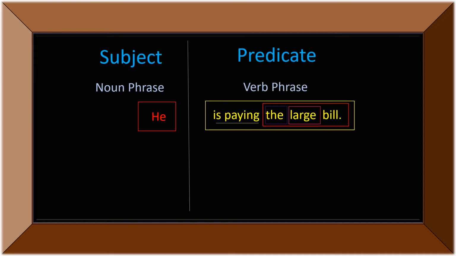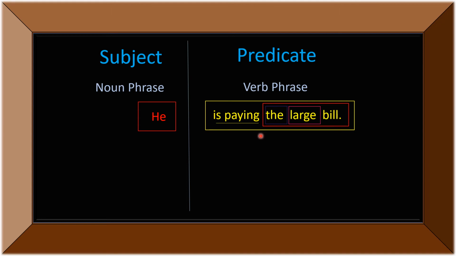So let's evaluate a few sentences together. Now, he is paying the large bill. He is a personal pronoun in the subjective case. Is paying the large bill is a verb phrase in the predicate of the sentence. Is is a helping verb and a primary auxiliary verb. Now, paying is a verb, a dynamic verb, extensive verb, transitive verb, present participle. Now, is paying is telling you a message. It's happening.